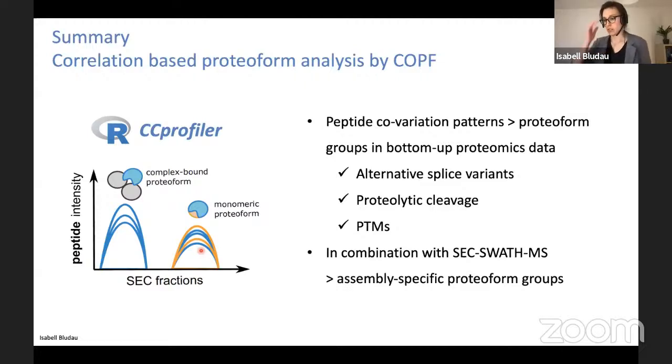For example, you can detect hundreds or thousands of alternative splice variants, which we cannot detect by the COPF approach. But as you also correctly said, what we can detect are functionally relevant proteoforms that show a difference between conditions. So we are blind to any kind of proteoforms that are just present in the cell but don't have an impact, but we could see the ones that are actually different across our data set.